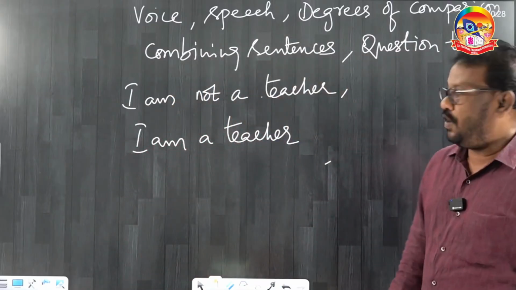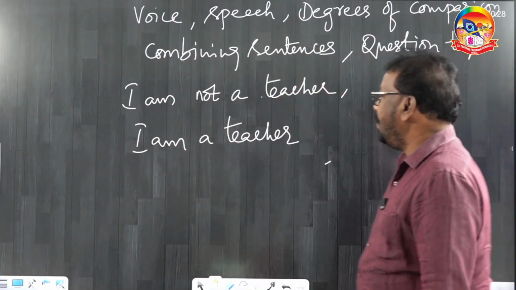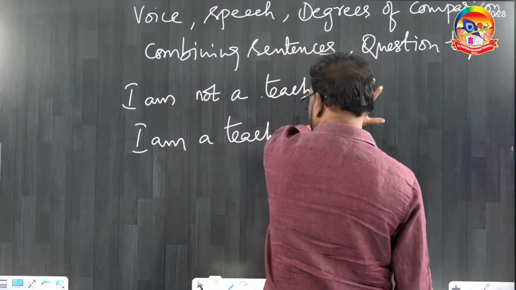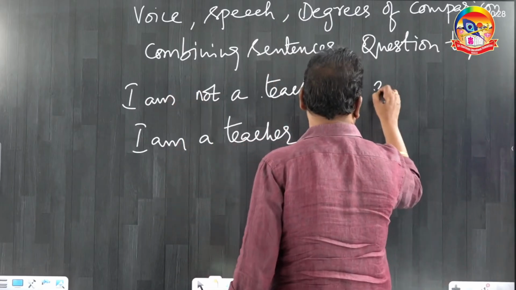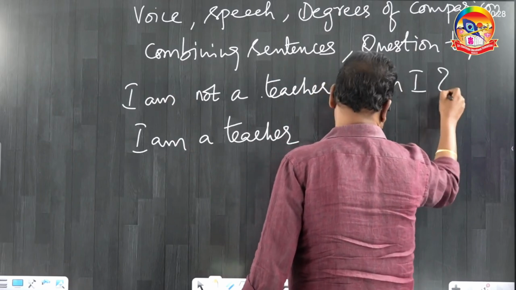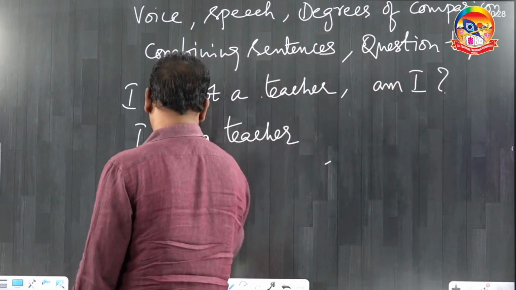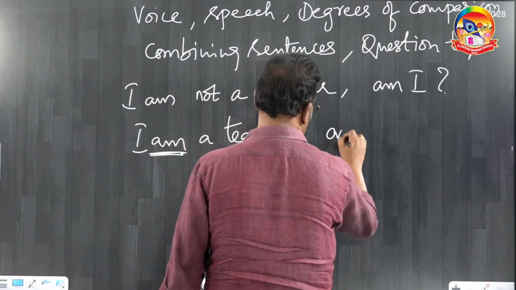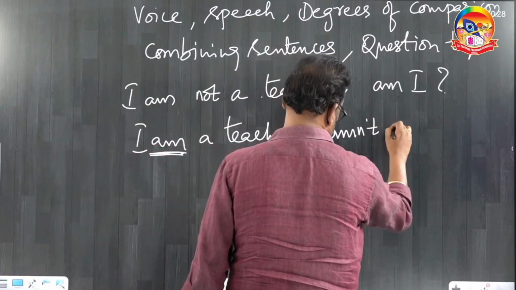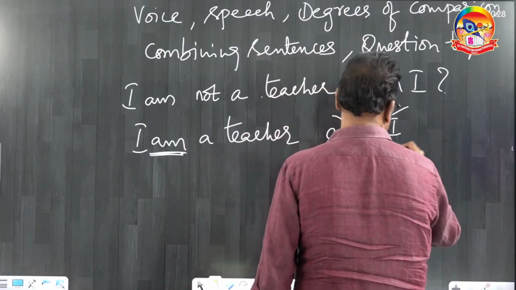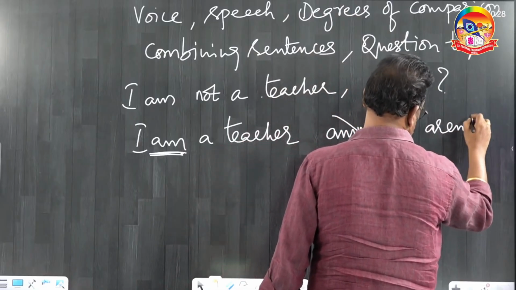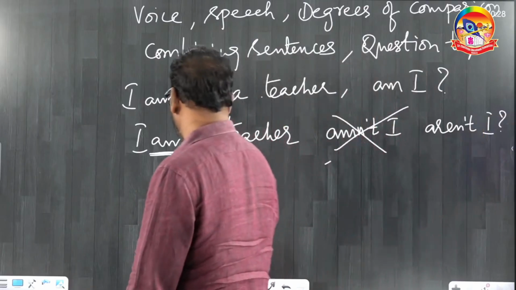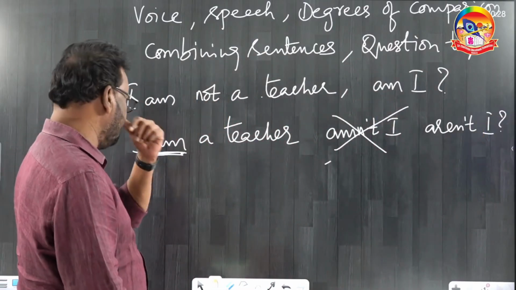For I am not a teacher, of course, if the sentence is negative, we automatically get a positive tag, that is am I. If you follow the same rule, your answer for I am a teacher is not amn't I, but aren't I. Aren't I? And of course, I must have told you the reason why we should use aren't I.